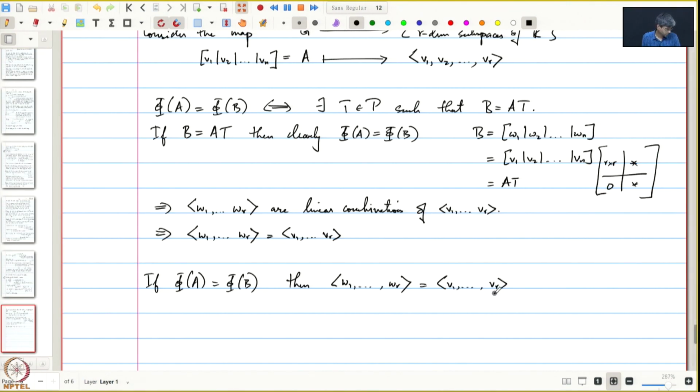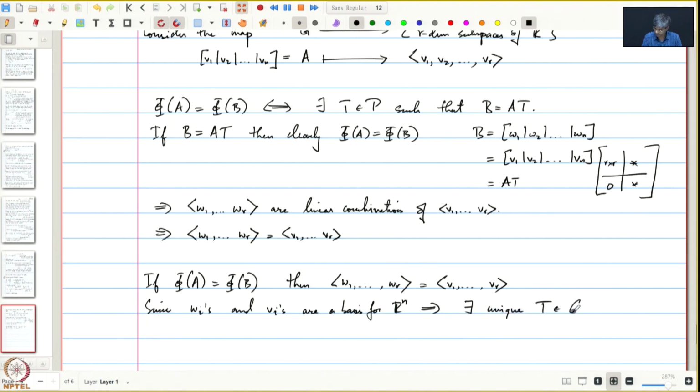Now since W1 up to Wn span R^n, and V1 up to Vn also span R^n, since the W_i's and V_i's are bases for R^n, this implies that there exists a unique T.